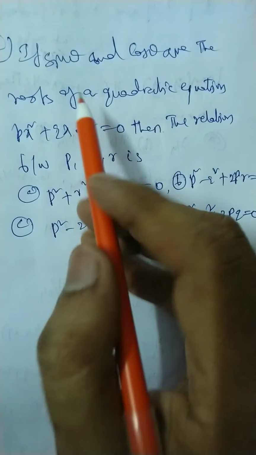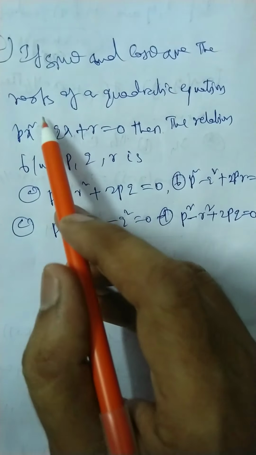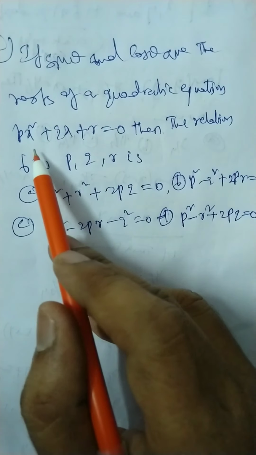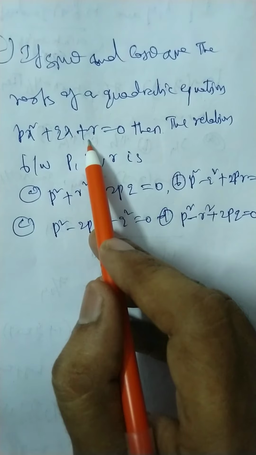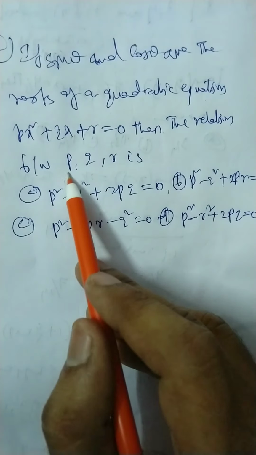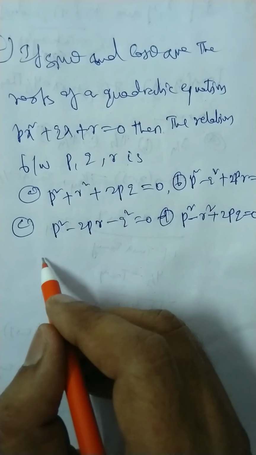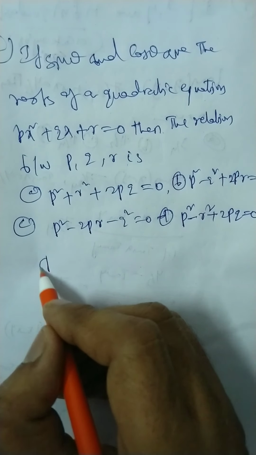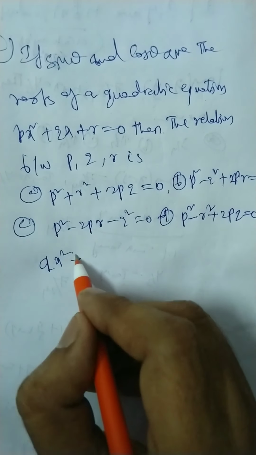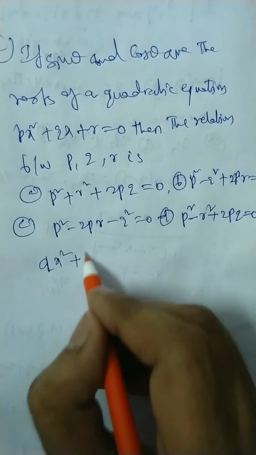The question here is sin theta and cos theta are the roots of quadratic equation px square plus qx plus r equal to 0. Then we have to find the relation between p, q, r. To attempt this problem, one should know the relations involved with the roots of the quadratic equation.